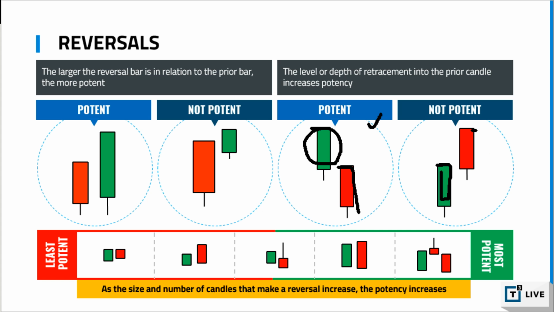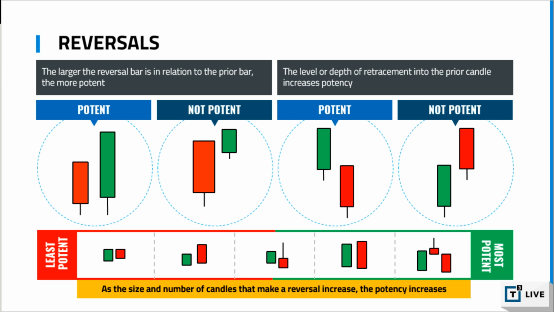The next day when it gapped up, people were probably selling it as a novice gap. So the size of the red bar compared to the green bar gets the check mark for the first condition, but not the second one because we only retraced about 20% of yesterday's candle. So not a very potent reversal.